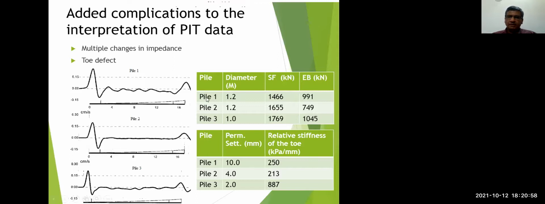All these three piles were subjected to PDA testing, that is load testing data. I will explain that. The results are given here. Say if you consider pile 1, the diameter is 1.2 and skin friction is 1466. So if it is a 1200 millimeter diameter pile, these are fairly small skin friction and very low end bearing for a rock socket pile.